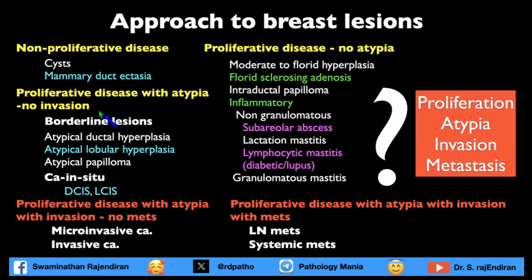So this is also known as pattern analysis of breast lesions. And this pattern analysis is gaining importance in almost all the organs now, but it is very commonly used for the breast. This you have to understand.